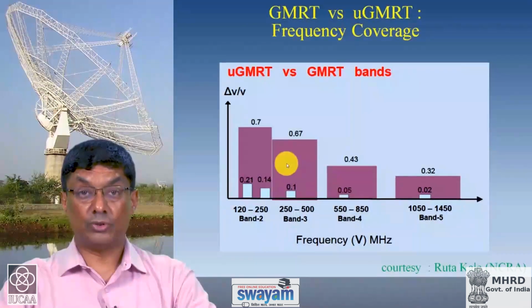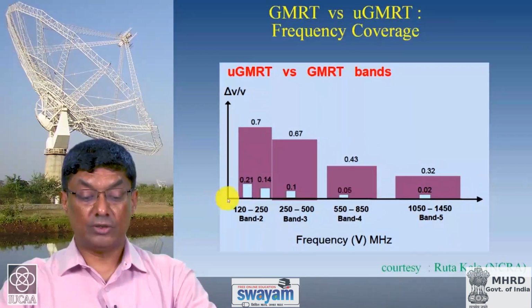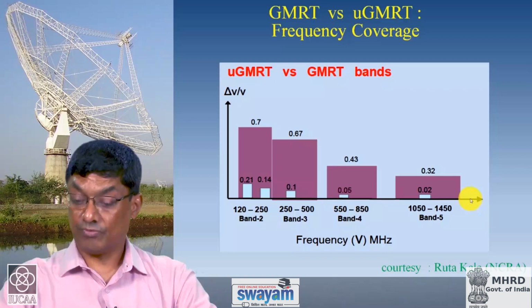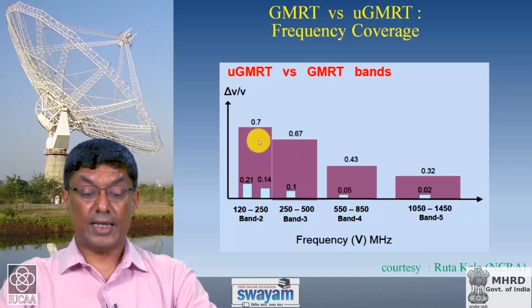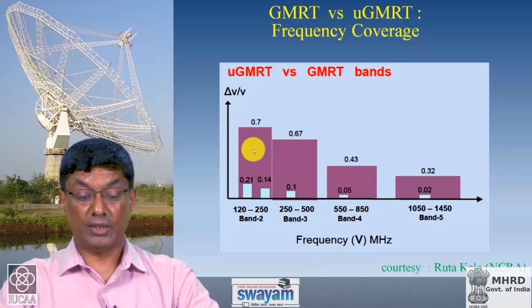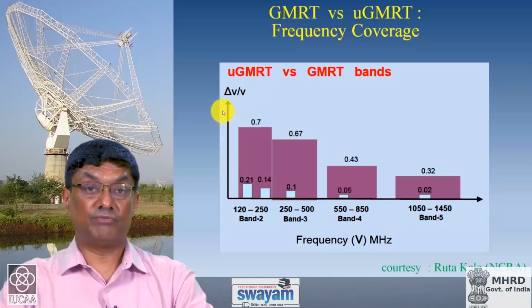And this is an example showing the improvement in the frequency coverage. The small white boxes show the frequency coverage that the old GMRT system offered in this range of frequencies from about 100 megahertz to almost 1500 megahertz, and the purple boxes show the improved frequency coverage which is now available, and the y axis shows what is called the fractional bandwidth.